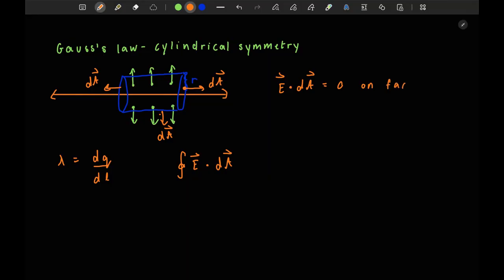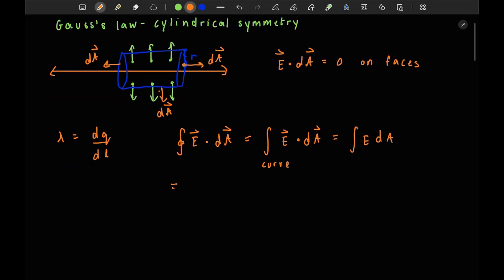And so I'm going to rewrite our integral as the integral, drop the closed sign, integral over curve E dot dA. Moreover, now we can proceed with our old argument. E is parallel to dA, so drop the dot products. So we just have E dA. And then E is constant along our surface, so pull it out of the integral.